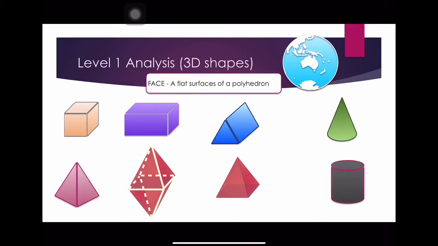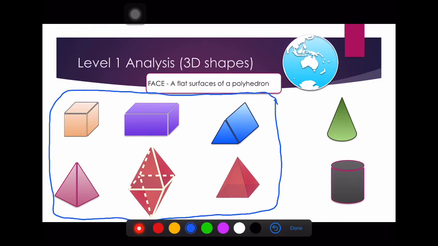Let's take a look at face. For a polyhedron, the face is defined as a flat surface of a polyhedron. Polyhedrons have flat surfaces, and we call those faces. So this term face is specific to polyhedrons.